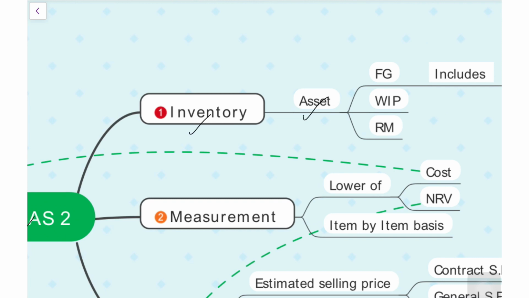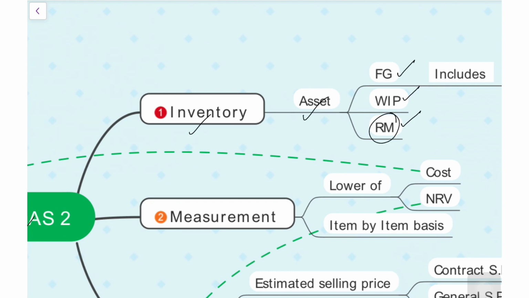So there are three forms which are included in inventory, which is finished goods, work in progress and raw material. Okay, suppose if you have to manufacture something, before manufacturing it you need the raw materials, you need the basic items. Even if you have to make a cake, you need the basic ingredients for it to form into a cake. So the basic ingredients like the maida or the essence and all of them, the raw materials, they will be included in inventory.